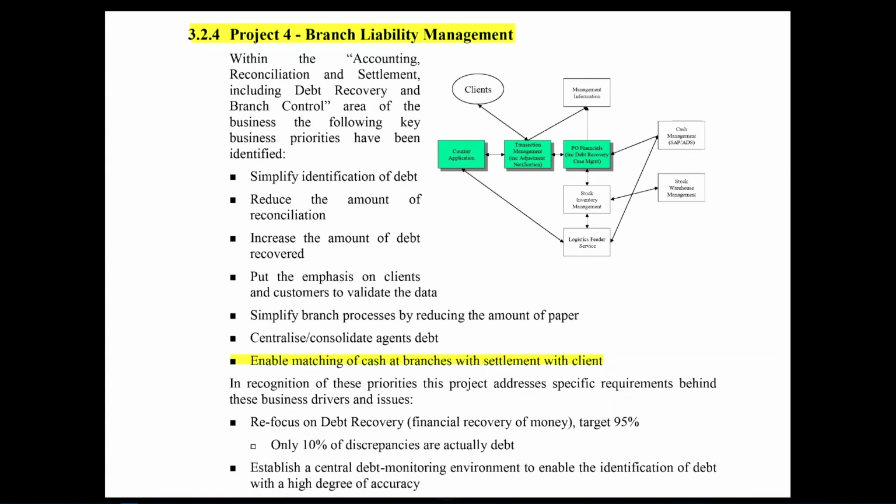I have no idea. You don't think this might relate to sub-postmasters? It's talking about settlement with client, so yeah. I don't understand how it links with a matching of cash. Well, what are these branches being spoken about here then? I didn't write the document. I don't know what it means. It doesn't make any sense to me. I see.